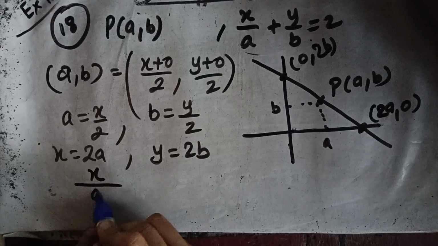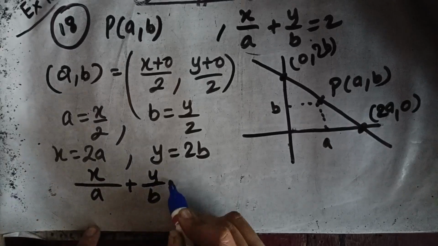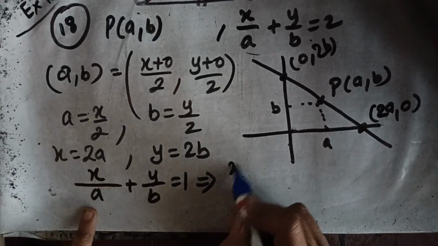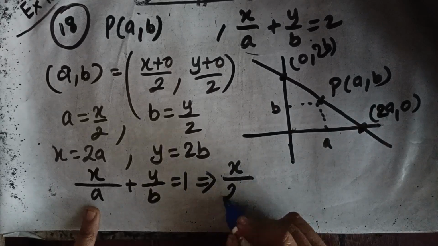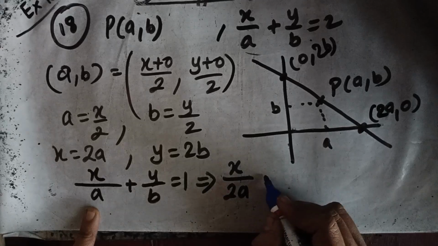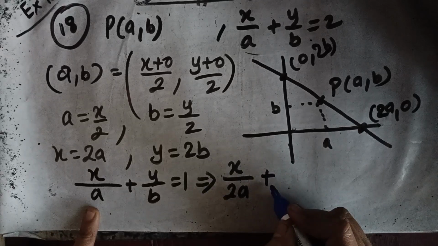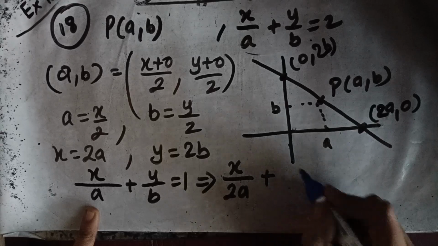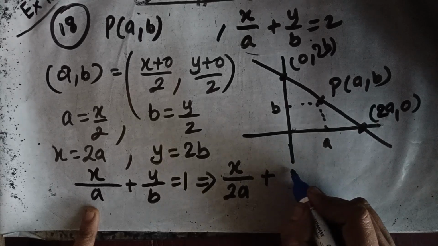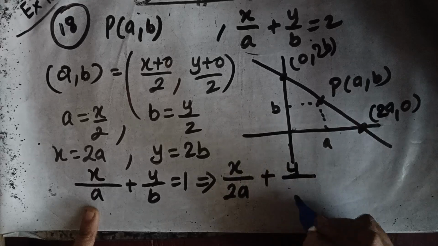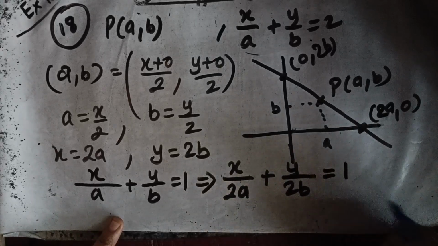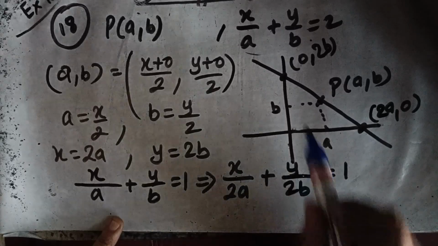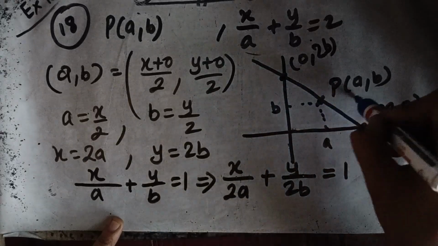Intercepts are given, right? Intercept is our 2A and this points x and y, you can take any point on this line.